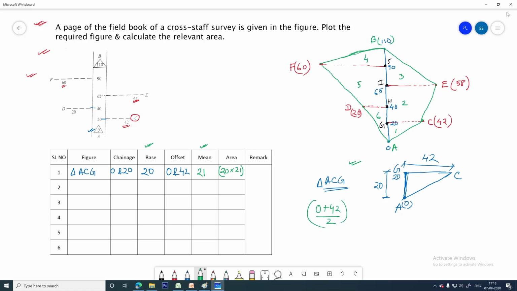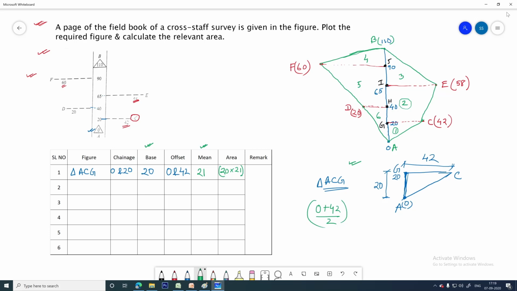Now after determining the area of this one section, we will determine the area of this area which is denoted by 2. It is basically a trapezium, right?